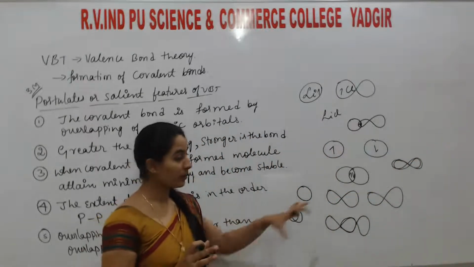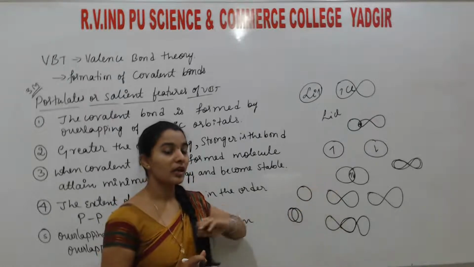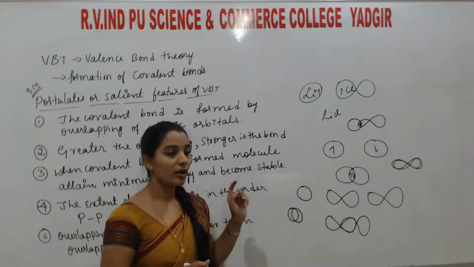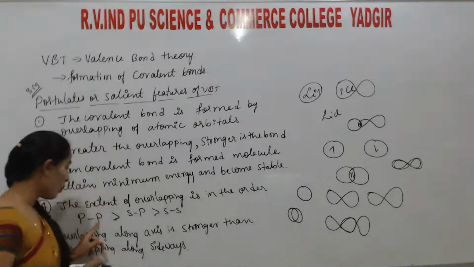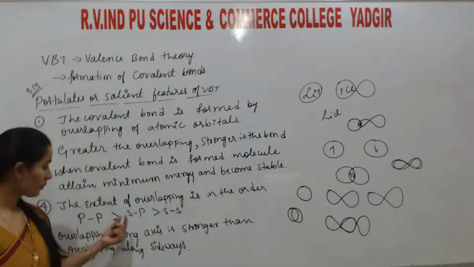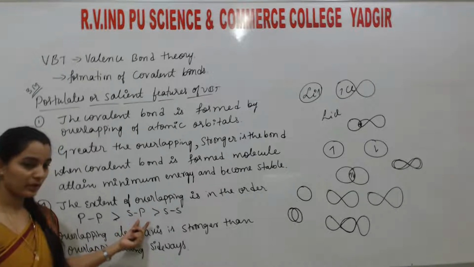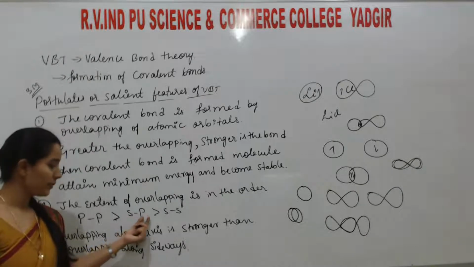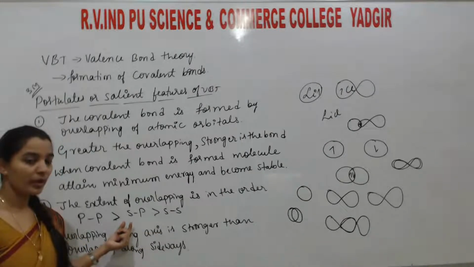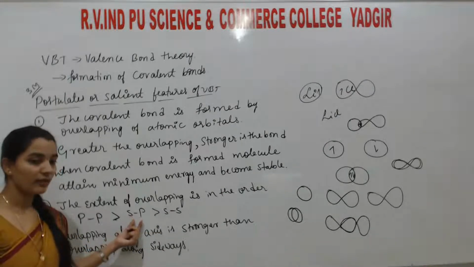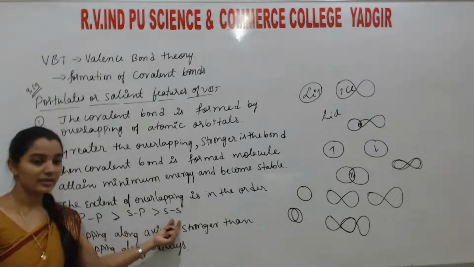There is a possibility, meaning the p orbital provides greater surface area for bond formation. So that's why pp overlapping is more compared to sp, because the s orbital is spherical, the p orbital is dumbbell shaped, its size is more, and it provides greater surface area for overlapping. And here s is overlapping.